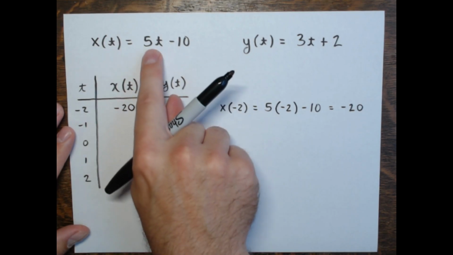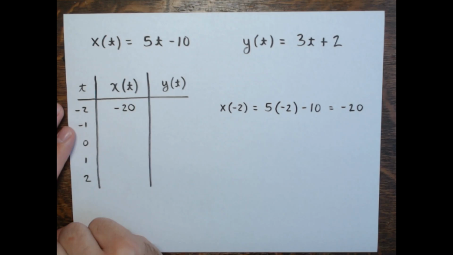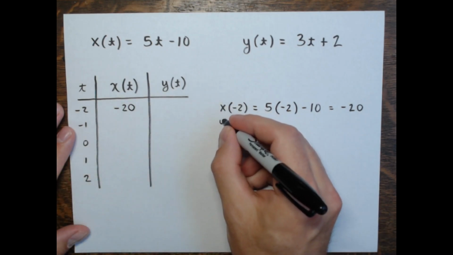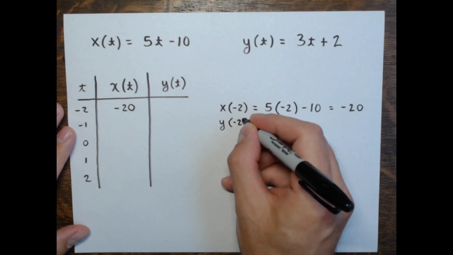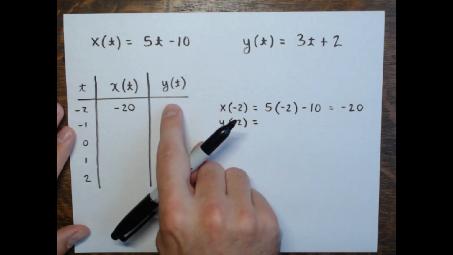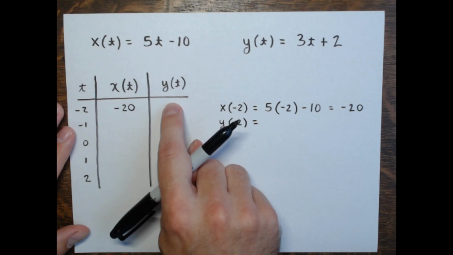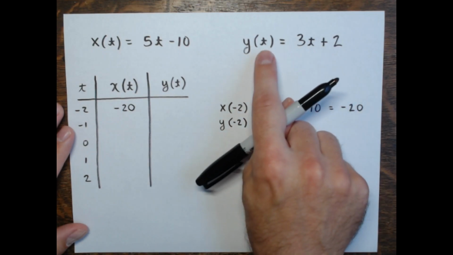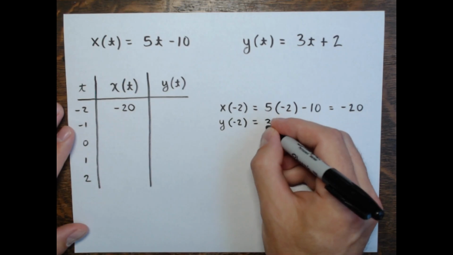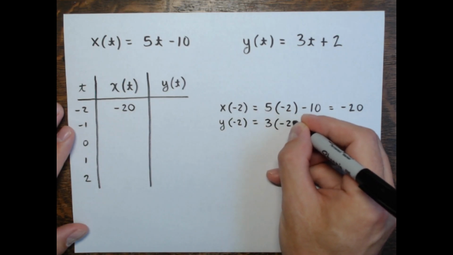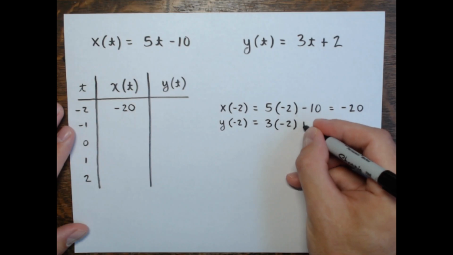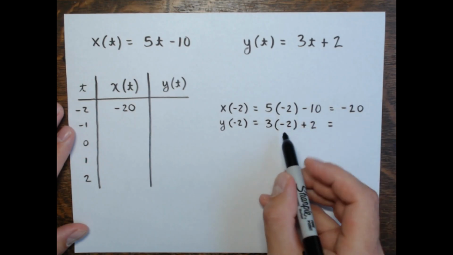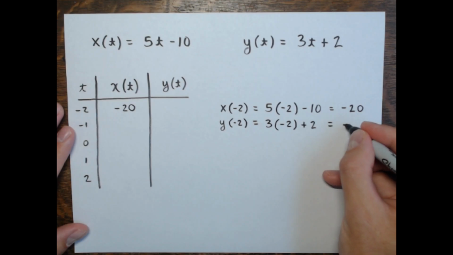Right, again, -10 minus 10. And then the value of y at -2 for the y coordinate of my location. And I go to my y function, and replace t with -2, right? So it's 3 times -2, replacing t, and then plus 2. This is -6 plus 2, which is -4.